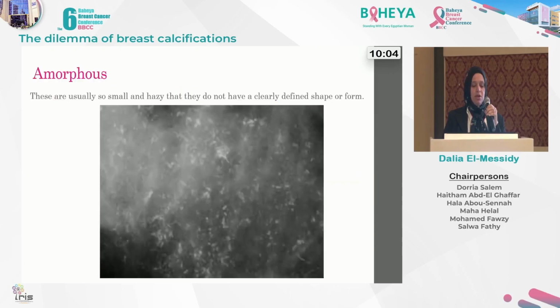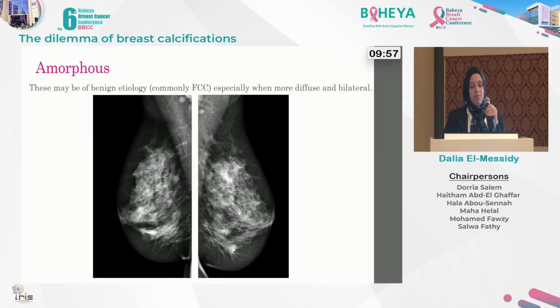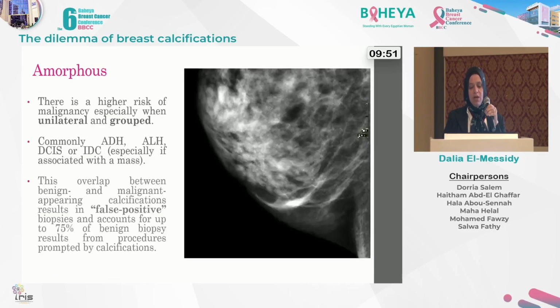Amorphous calcifications are usually so small and hazy that they do not have a clearly defined shape or form. They may be of benign etiology, which is commonly fibrocystic changes of the breast, especially when they are more diffuse and bilateral.